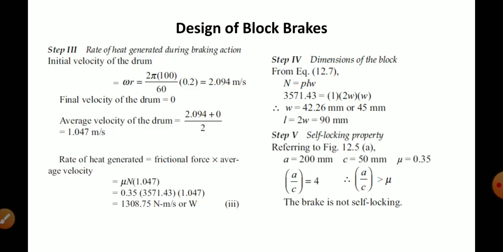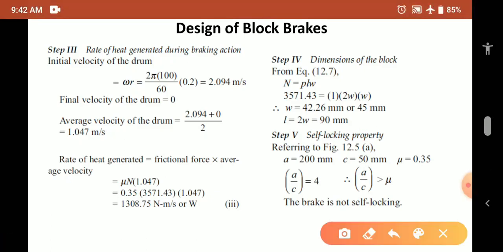By putting all the values here, we get the velocity as 2.094 meter per second. The final velocity of the drum is 0. Therefore the average velocity of the drum is 2.094 plus 0 divided by 2, that means 1.047 meter per second.